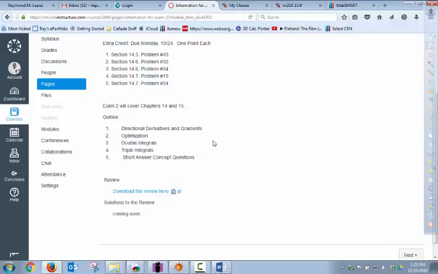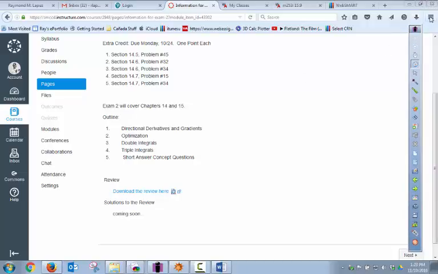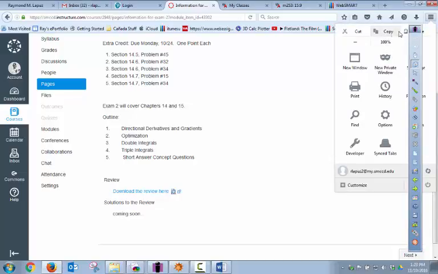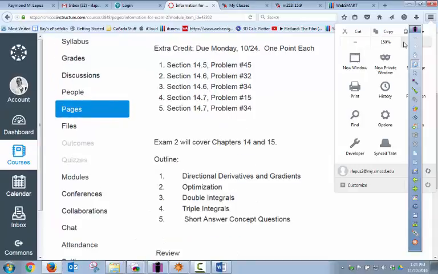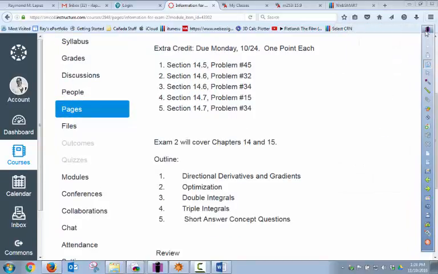You need to be able to find basic directional derivatives. You need to be able to find equations of tangent planes. Those are gradient properties. You need to be able to find normal vectors, things like that.